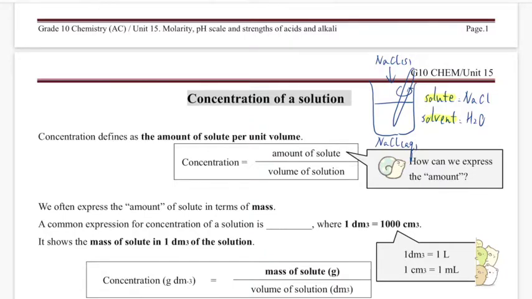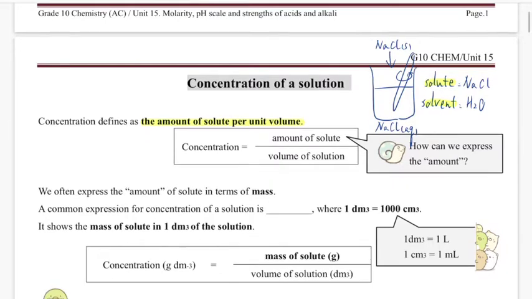Concentration is the amount of solute per unit volume. To work that out, we can use this formula: concentration equals amount of solute over volume of solution.